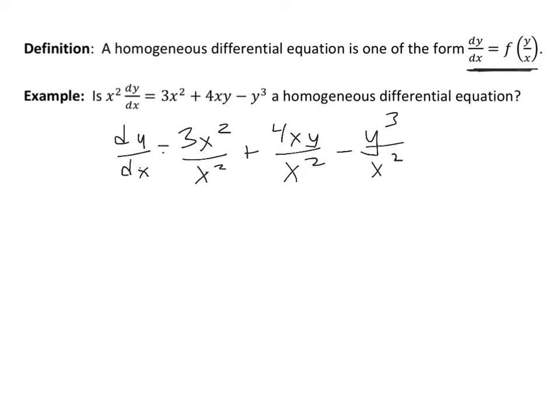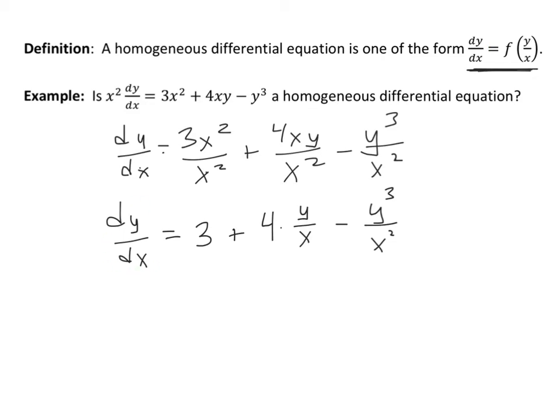I could certainly pretty this up a little bit. This first thing would just be 3. This next term would be 4 times y over x. And in this last one, I would wind up with y cubed over x squared. As we're looking at this, I want to show that this thing is this form. Notice that dy/dx is now alone.